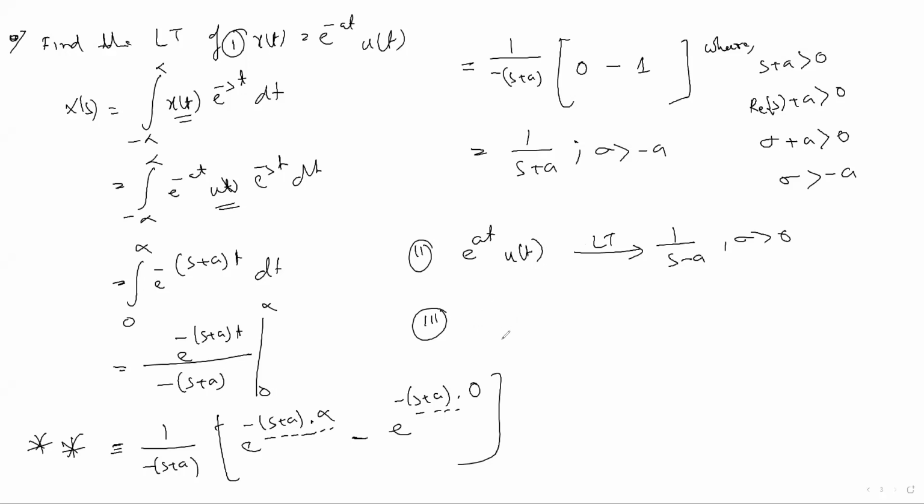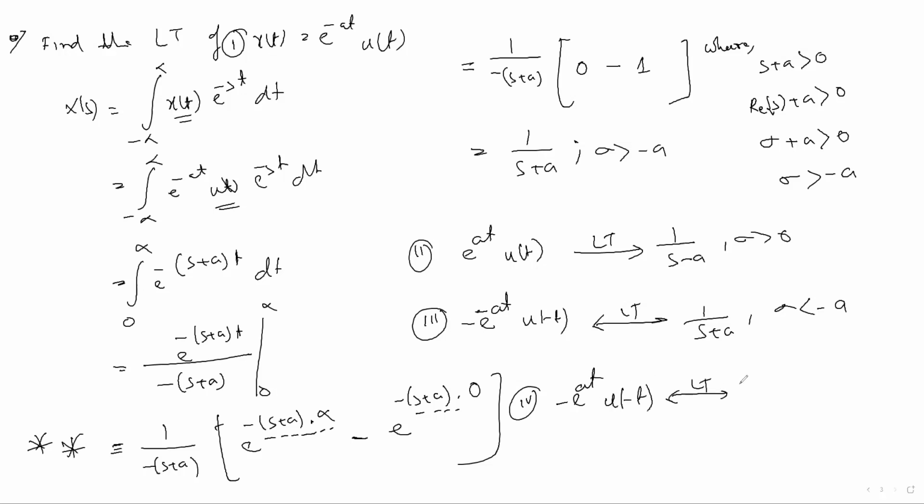I have given e to the power minus at u of minus t, whose Laplace transform is nothing but 1 by s plus a, where sigma is less than minus a. And the fourth is minus e to the power at u of minus t, whose Laplace transform is nothing but 1 by s minus a, sigma less than a.